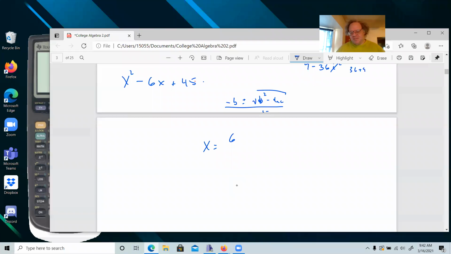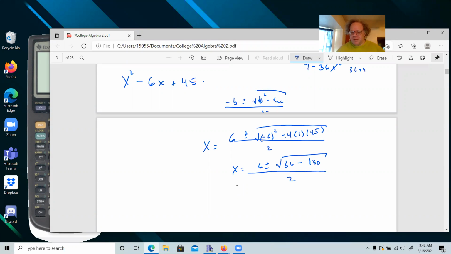So we have negative negative 6 plus or minus, negative 6 squared minus 4 times 1 times 45, all over 2. So x is equal to 6 plus or minus, we have 36 minus 45 times 2 is 90, 90 and 90 would be 180, all over 2.